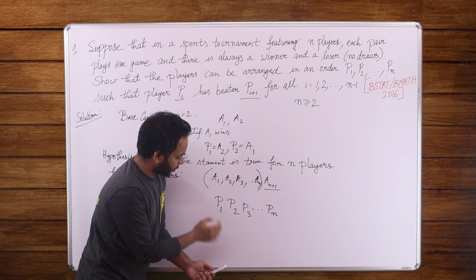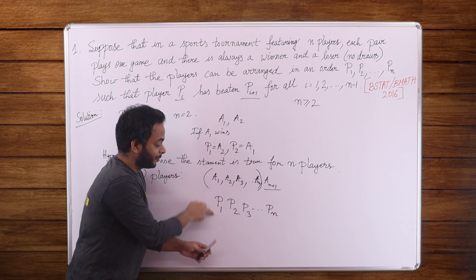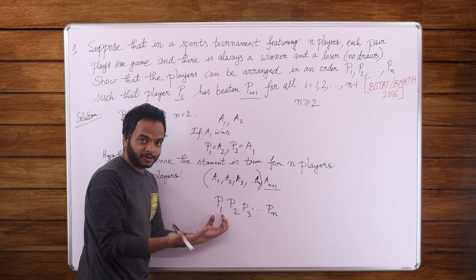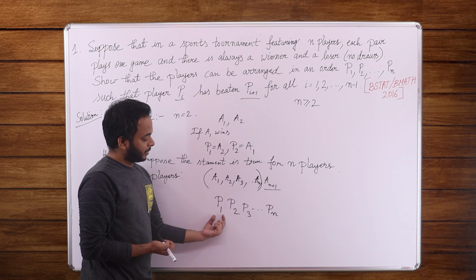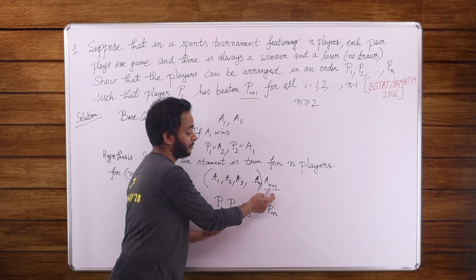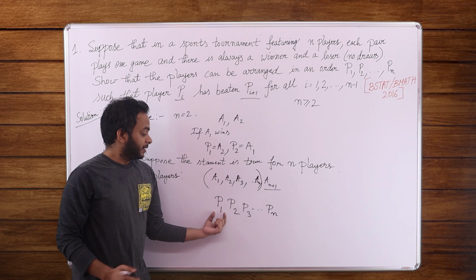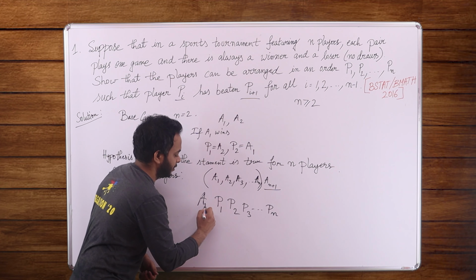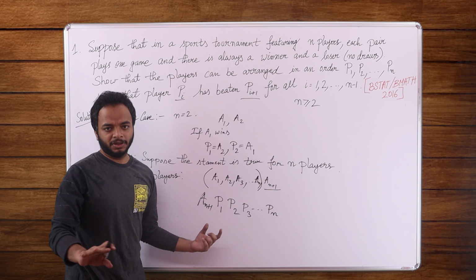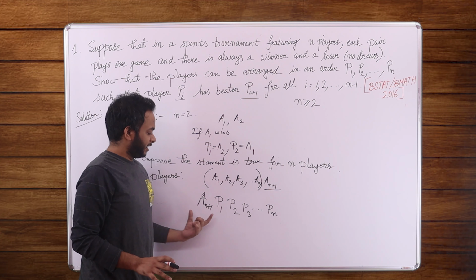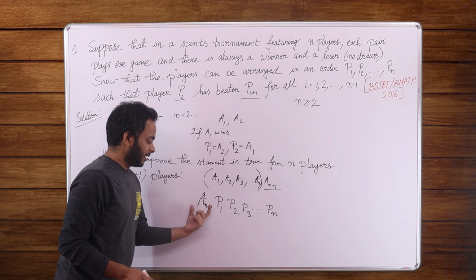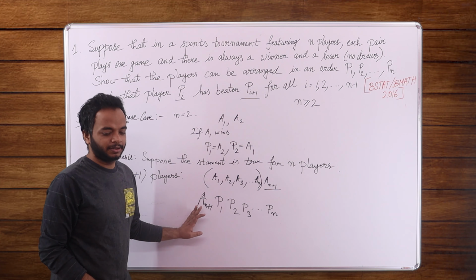Then whoever P1 is, we will ask, has the n plus 1th player defeated you? If P1 says yes, A n plus 1 has defeated me, then I'll simply put A n plus 1 here at the very front. It doesn't matter whether A n plus 1 has defeated P2 or P3 or not. A n plus 1 has defeated P1, I just put it here.